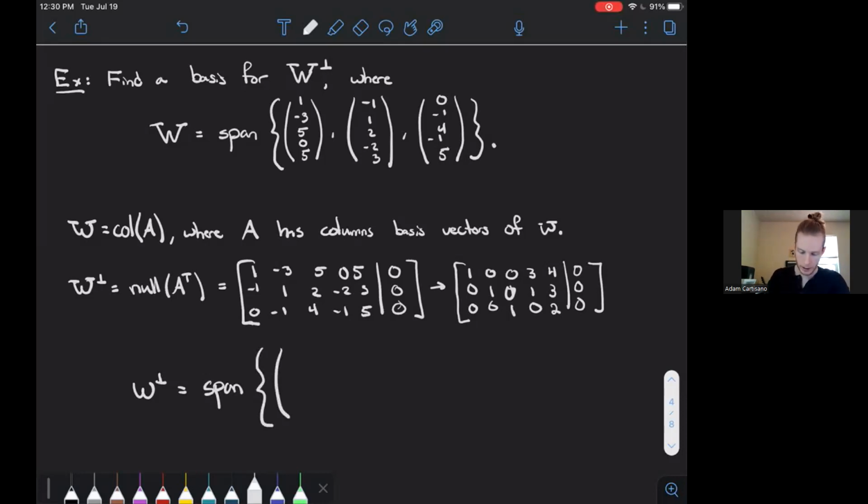It's the set of vectors of the form, if s is the free variable here and t is the free variable there, then x1 is just negative 3s minus 4t. x2 is negative s minus 3t. And x3 is 0s minus 2t.